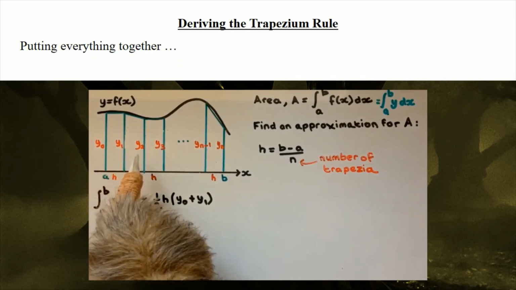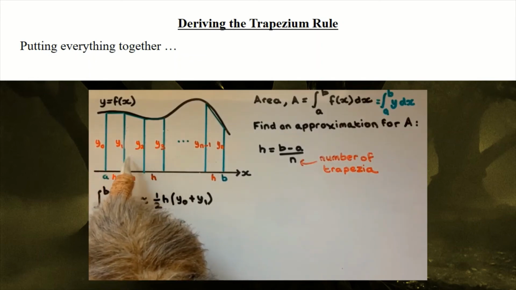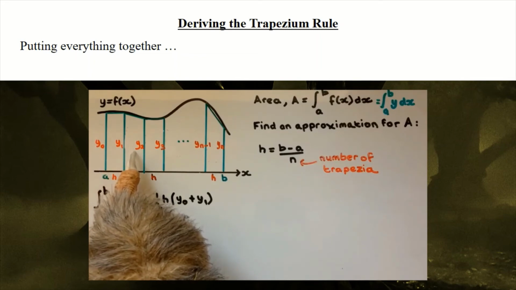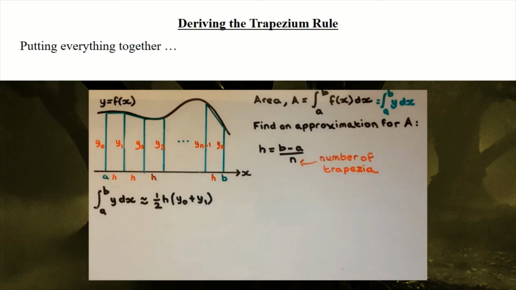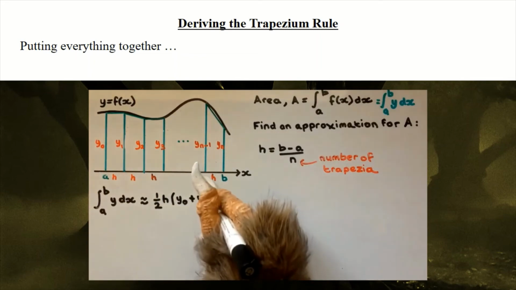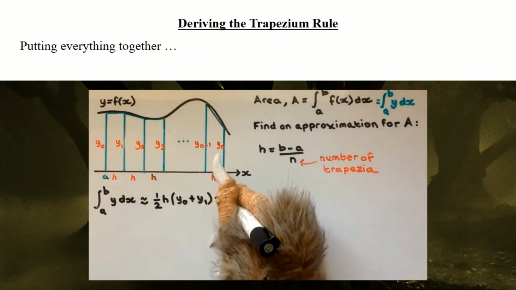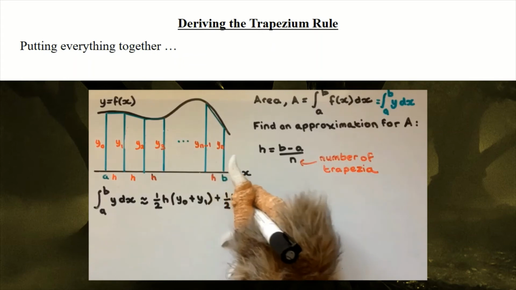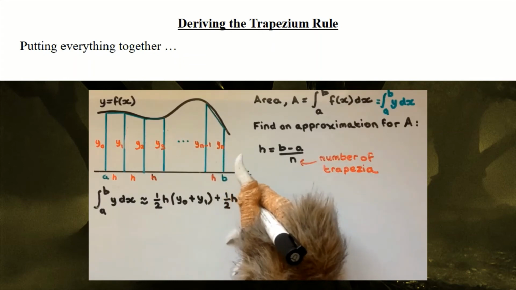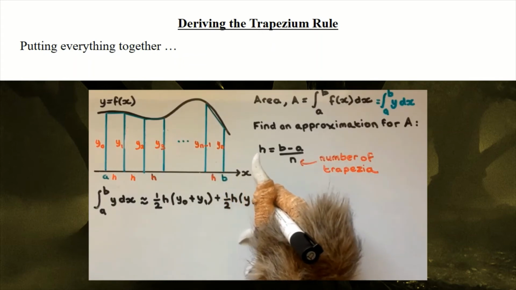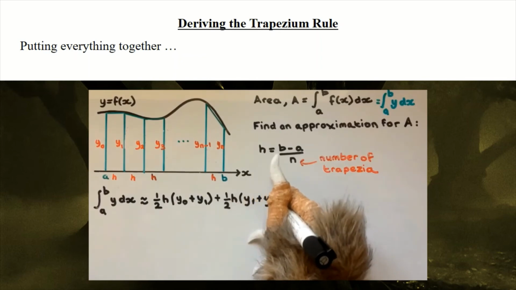Then we're going to move on to the next trapezium. Now you can see the parallel sides are going to be y1 and y2. So let's add the area of that trapezium. So plus 1/2, the height is the same of course, of y1 plus y2.